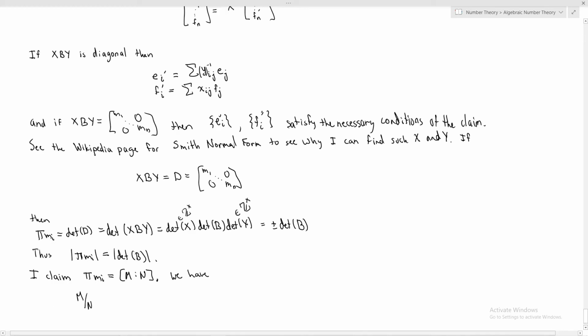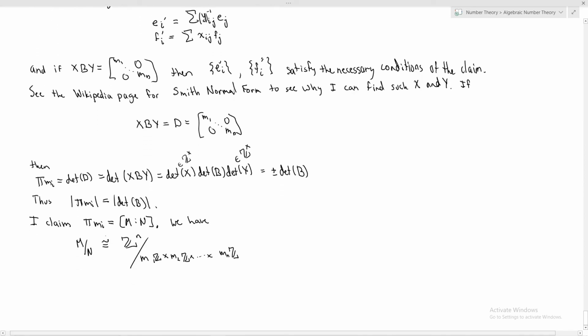So we have M mod N is isomorphic to Z^n modulo m_1Z cross m_2Z cross ... cross m_nZ.